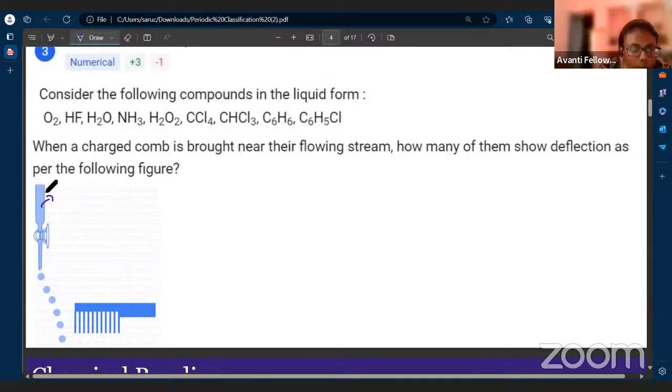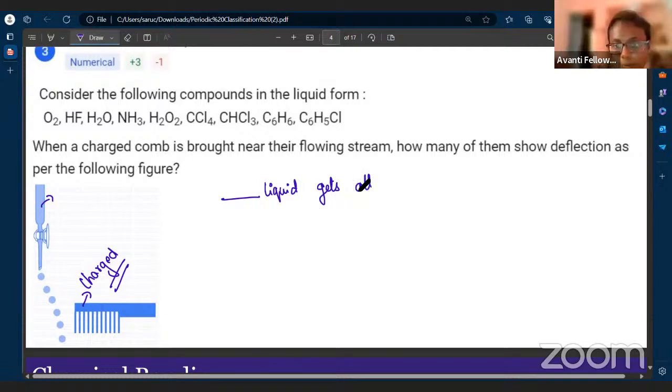You are going to fill the compounds one by one, and you're bringing a charged comb near it. This comb is charged. So how many of them will deflect towards the comb is the question. Now, which type of liquid will get attracted towards the charged comb?